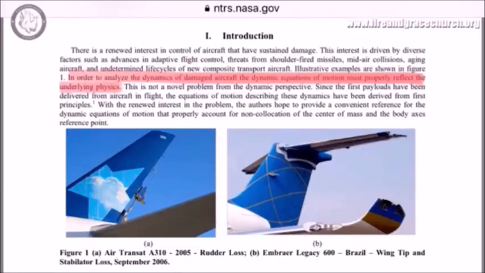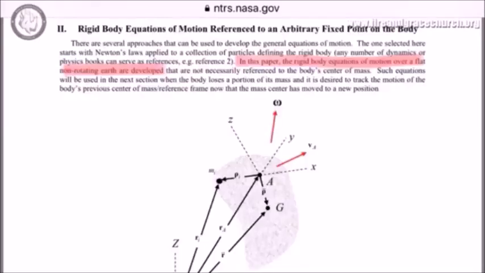What we're going to do here must reflect the true physics. And here's what they say. Rigid body equations of motion, reference to an arbitrary fixed point on the body. There are several approaches that can be used to develop the general equations of motion. The one selected here starts with Newton's laws applied to the collection of particles defining the rigid body. Any number of dynamics or physics books can serve as references. So they're saying the physics books can serve as references.